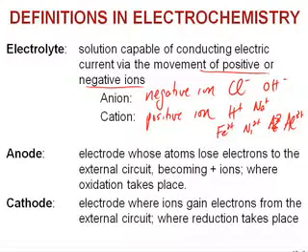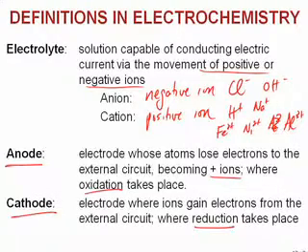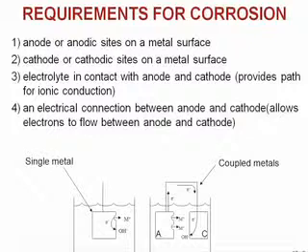And we need an anode and a cathode, okay? So anode is where the atoms lose the electrons to become positive cations. That's where oxidation takes place. The cathode is where reduction takes place. Okay, so those are some definitions. We have an electrolyte, we have an anode, we have a cathode, and those in fact are the requirements for corrosion.